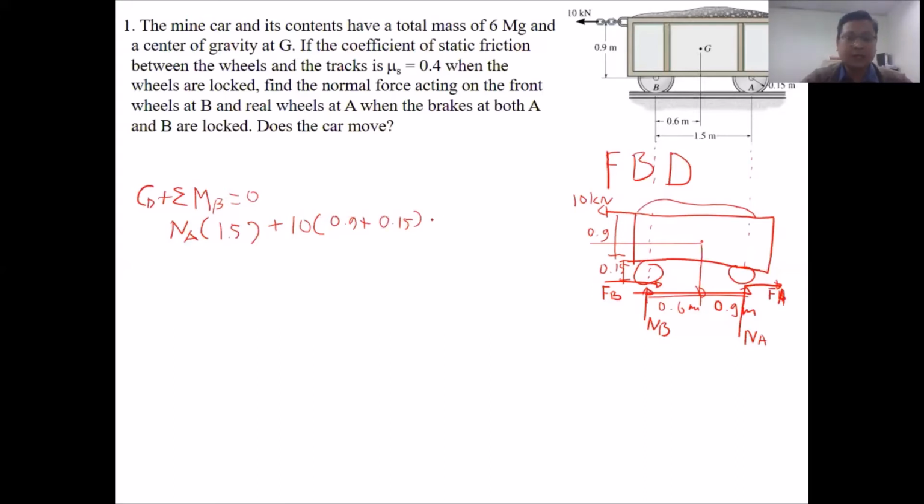What else? We can check the direction of the other moment, which is the opposite direction, clockwise.